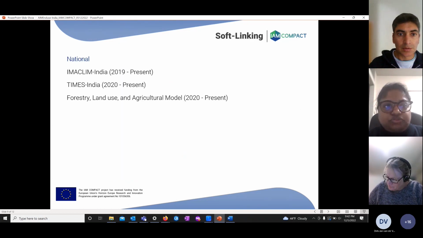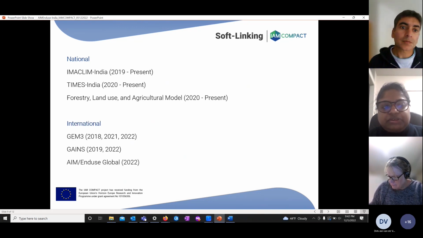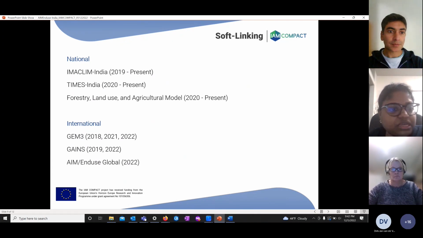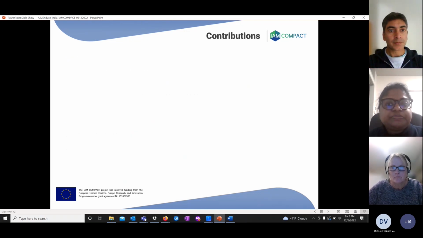When it comes to soft linking at a national level, we have soft linked the AIM Enduse India model with IIMA CLAIM India, TIMES India, and Forestry, Land Use, and Agriculture model. And at an international level, we have soft linked it with GCAM 3, GAINS, IIASA's model, and the AIM Enduse global model here with NIES.